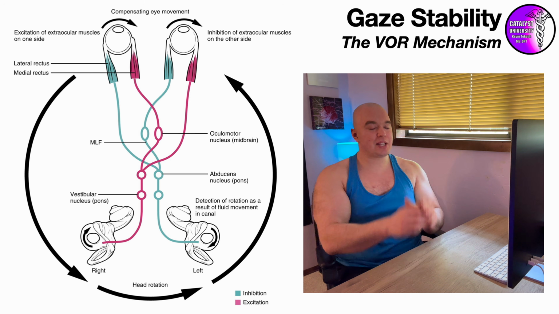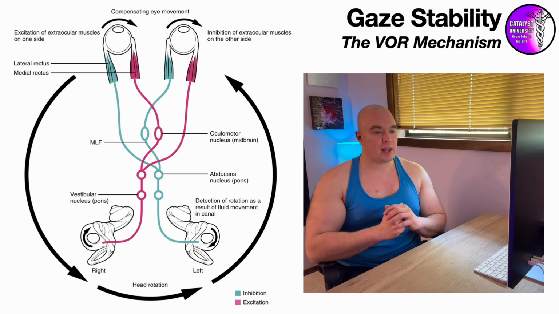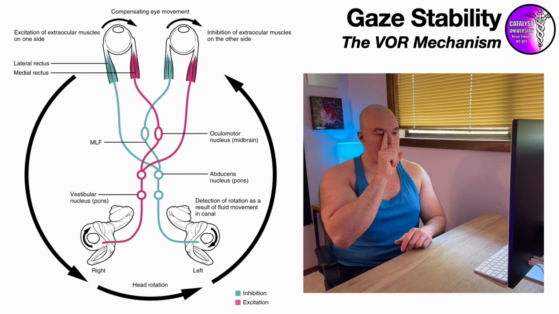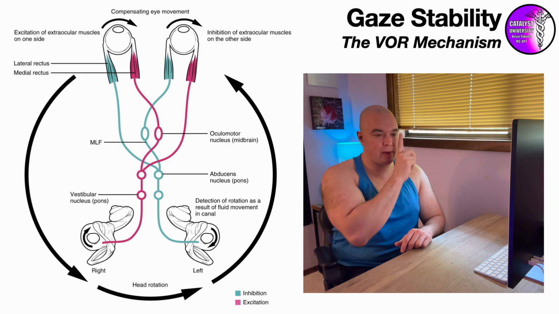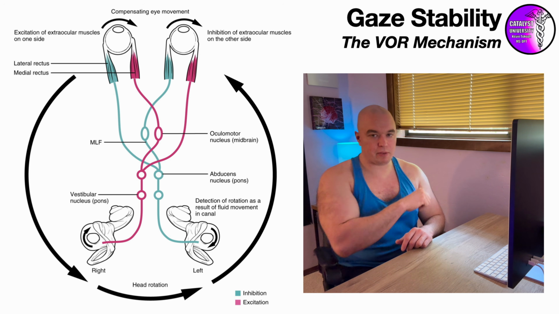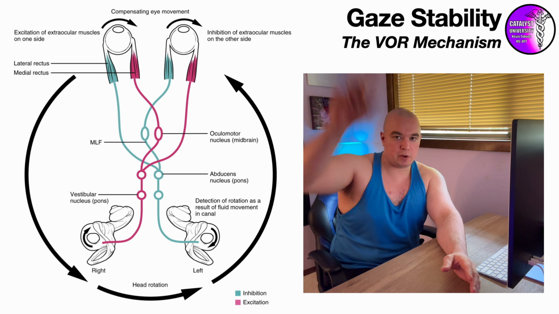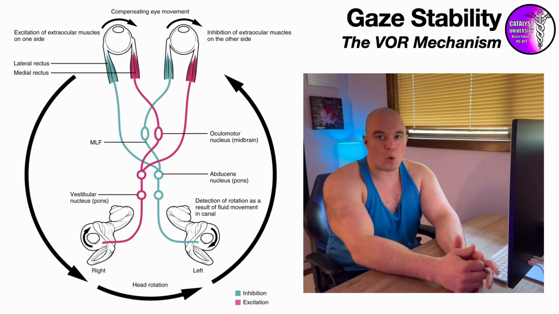For the right eye to rotate right, it would have to be activation of the lateral rectus muscle there and inhibition of the medial rectus muscle. For the left eye to rotate right, it would have to be activation of the medial rectus muscle, inhibition of the lateral rectus muscle. And you can play that same game going up or down, rotate in the opposite direction, whatever it is.